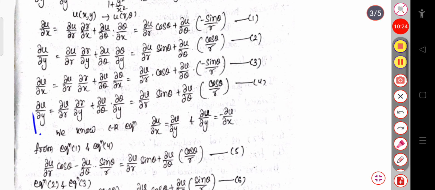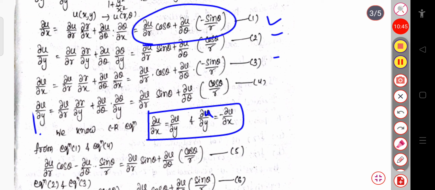From the Cauchy-Riemann equations we know these are the two conditions: ∂u/∂x equals ∂v/∂y, and ∂u/∂y equals minus ∂v/∂x. So if we compare from equations 1, 2, 3 and 4, this ∂u/∂x is ∂u/∂r cosine theta minus ∂u/∂theta into sin theta by r, which is equal to ∂v/∂y, that is ∂v/∂r into sin theta plus ∂v/∂theta into cosine theta by r.